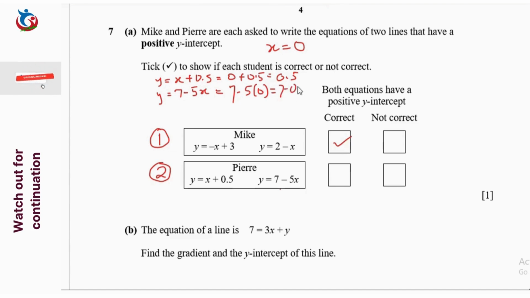So 7 minus 0 will now give you 7, which is also positive. The two answers we got here are positive. That shows that Pierre is also correct. Both are correct. So we now move to part B of question 7.